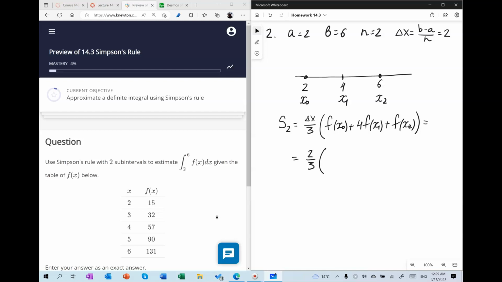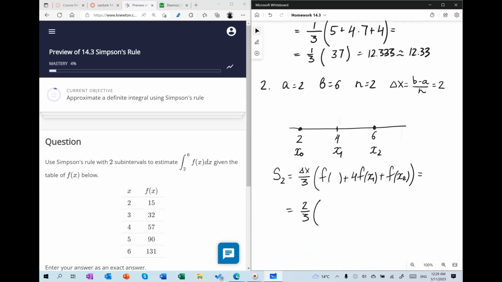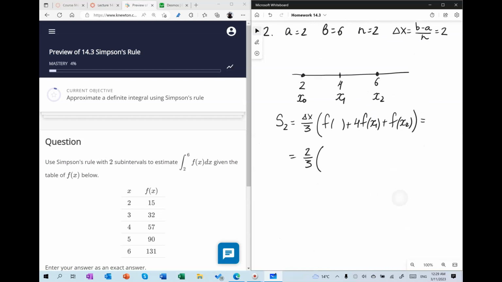Here instead of x0 we can just write 2. Here instead of x1 we can just write 4, just to make it very clear what's going on. And here instead of x2 we can write 6. So f of 2 according to the table is 15, f of 4 is 57, and f of 6 is 131.